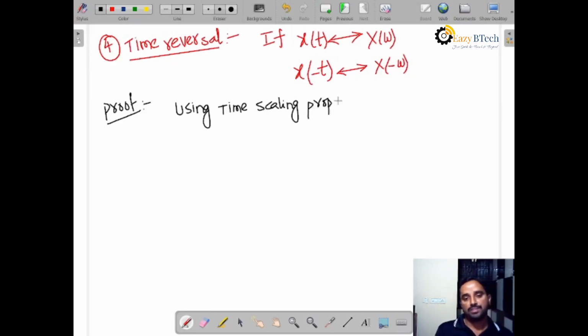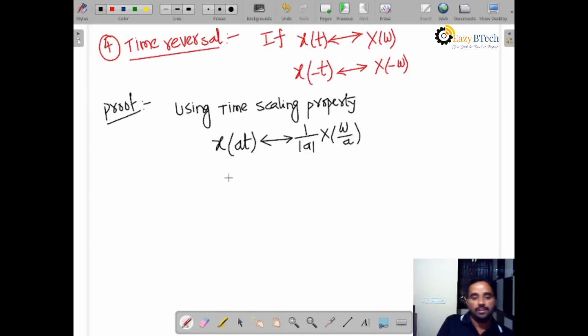What is the time scaling property saying? The Fourier transform of x of at is 1 by mod a x of omega by a. So for x of minus t, what is the a value here? The a value is minus 1, that's all, simple.